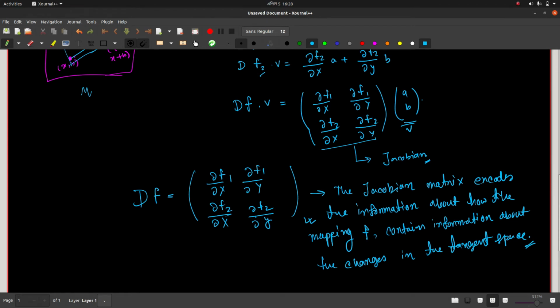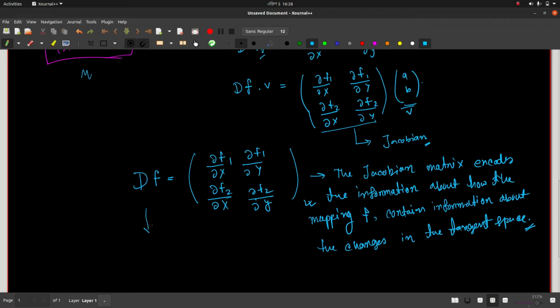So this will also be denoted as sometimes called a T of F. This, in fact, will be the notation that we will be carrying throughout the lectures.